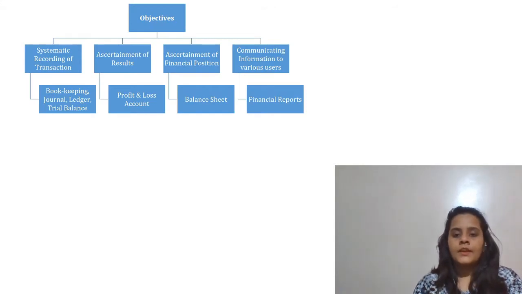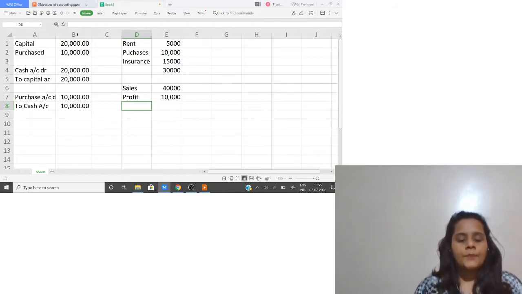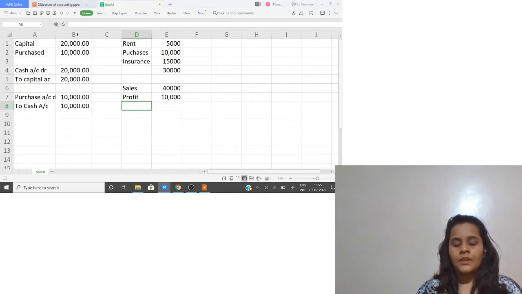The next is the ascertainment of financial position. In our previous videos, we had studied what is an asset and what is a liability. An asset is the property of the enterprise in which the company owns an interest, and a liability is an obligation to a third party, a promise to pay in the future.